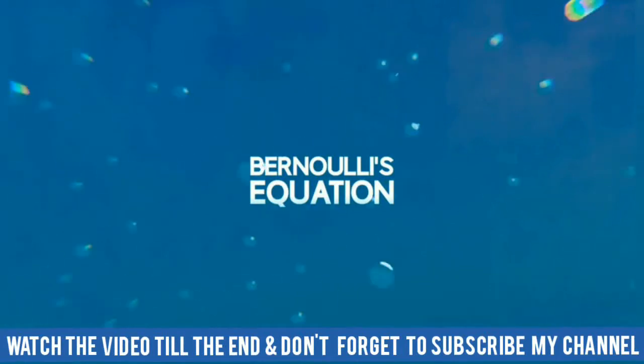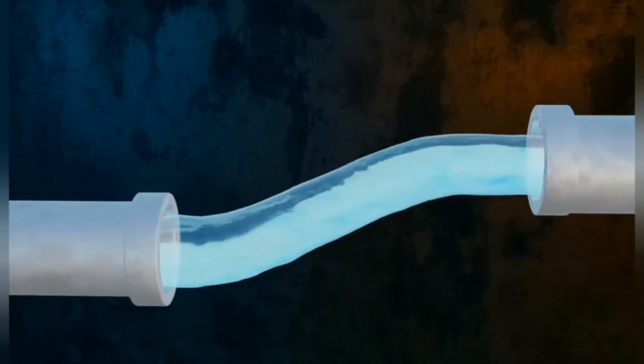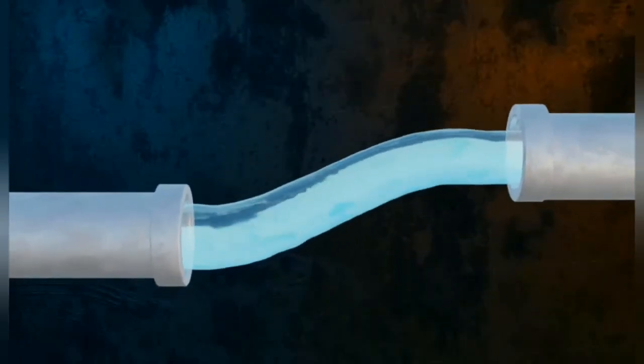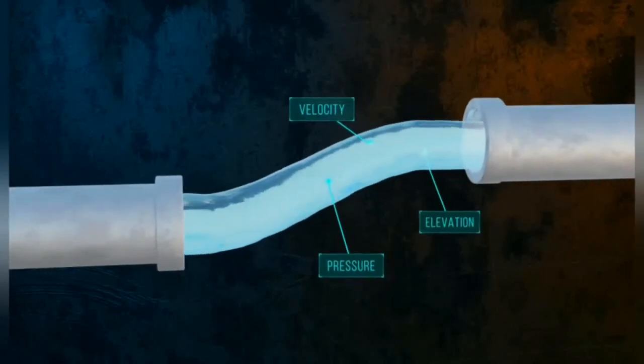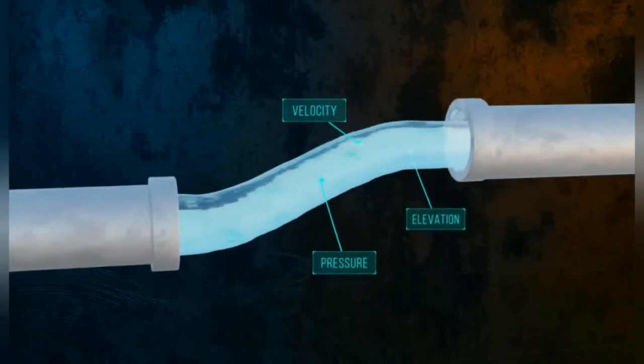Bernoulli's equation is a simple but incredibly important equation in physics and engineering. It essentially describes the relationship between the pressure, velocity, and elevation of a flowing fluid. It has countless applications.